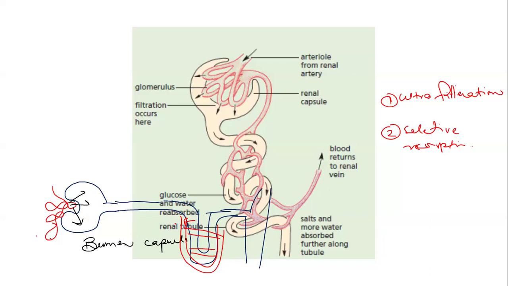On the other hand, if you have too much water in the body, then we have something known as water channels. They're literally like a gate, but for water. So the body tends to produce those water channels, and those water channels will allow the water to move into the collecting duct.